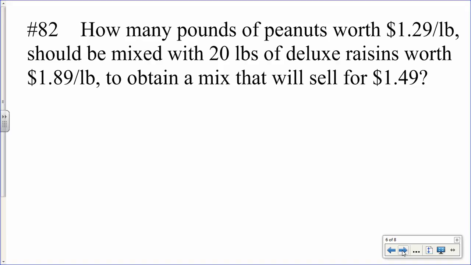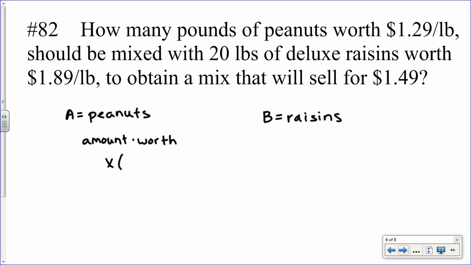So the two things I'm mixing together are the peanuts and the raisins. So I have my amount times the worth. How many pounds of peanuts am I putting in? We don't know, so x. So it's x times the worth, which is, for peanuts, $1.29.